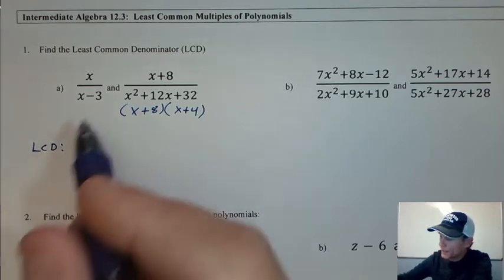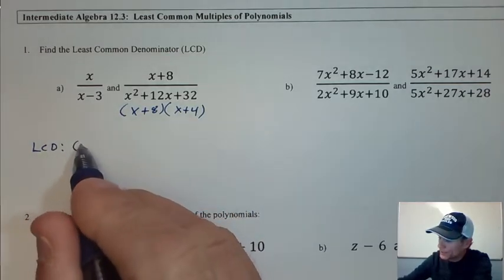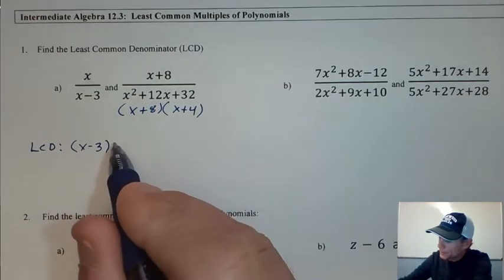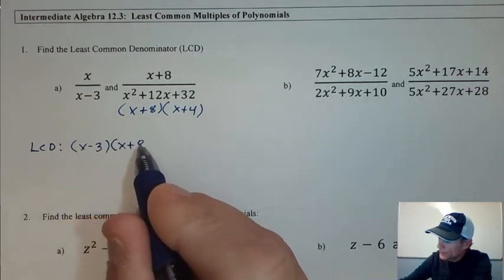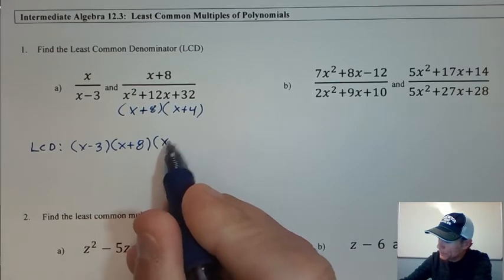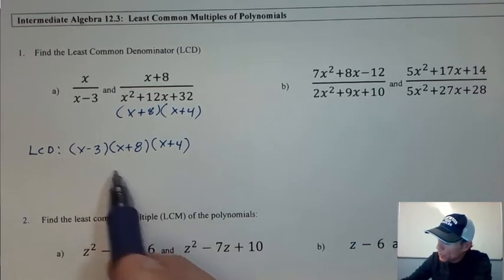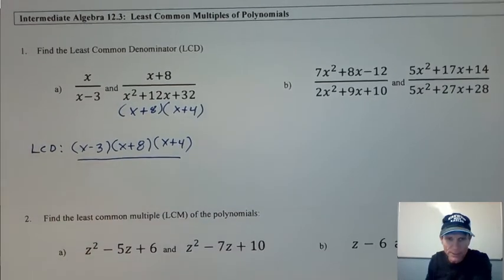So I spot, hey, this is the binomial x minus 3, so it needs to be represented. X plus 8 is a binomial that's in the denominator, and x plus 4 is a binomial that's in the denominator. So I get this long string that is my LCD here.